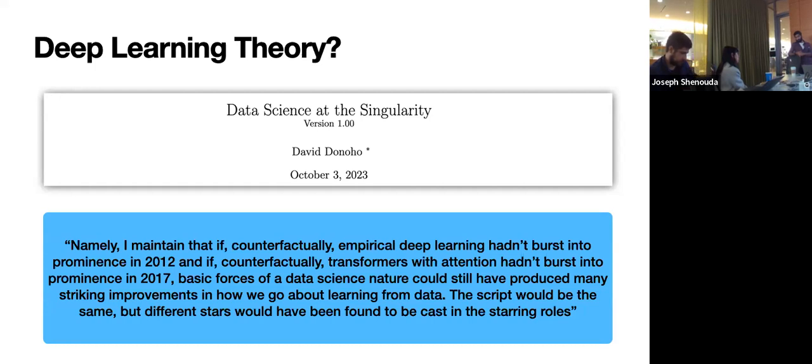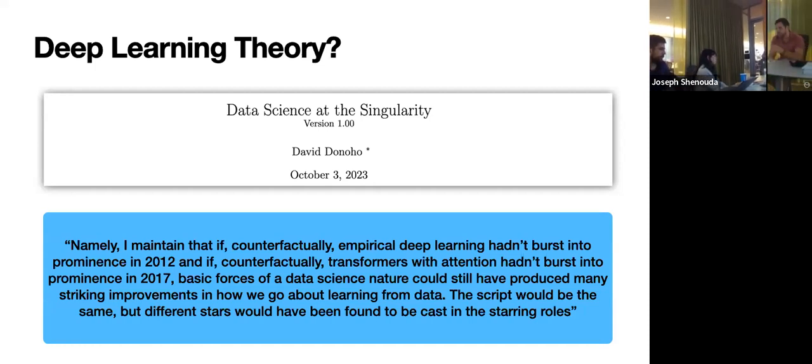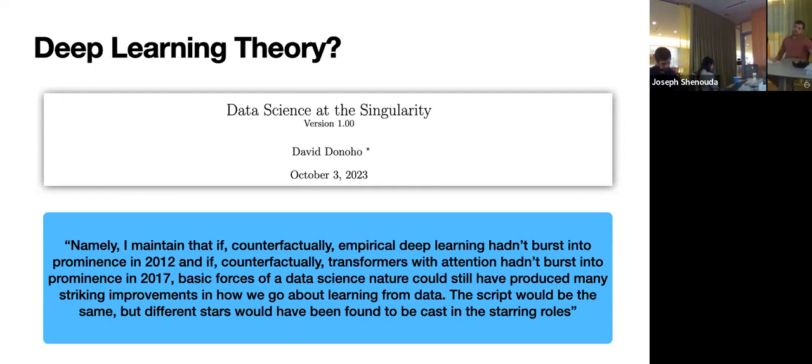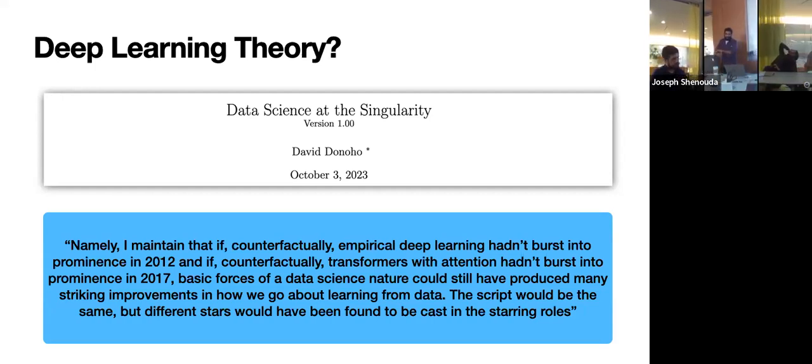Most results I know will either have an asymptotic bound, or they'll follow the NTK regime, or they'll assume things that don't occur in practice. If you had to give me a top 3 reading list of deep learning theory, because you've read a lot more than I have... I'd have to think about it and give a better answer. I don't know off the cuff. It's a good question.